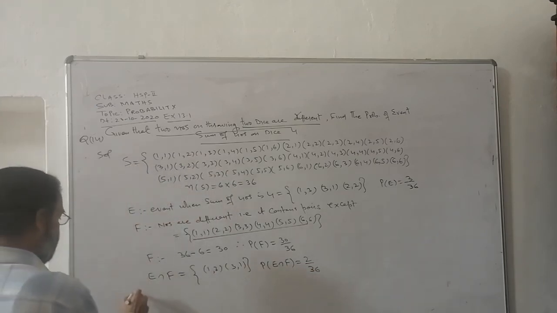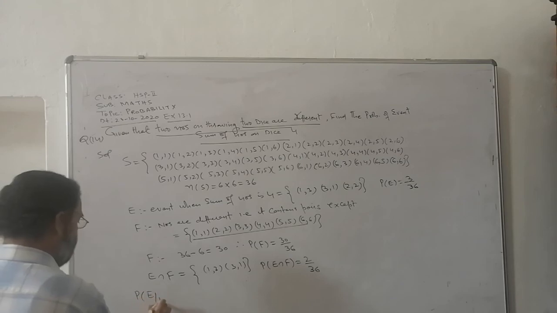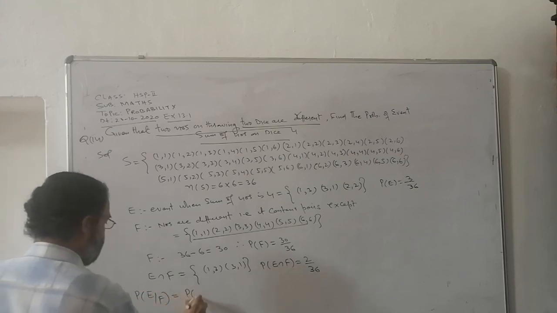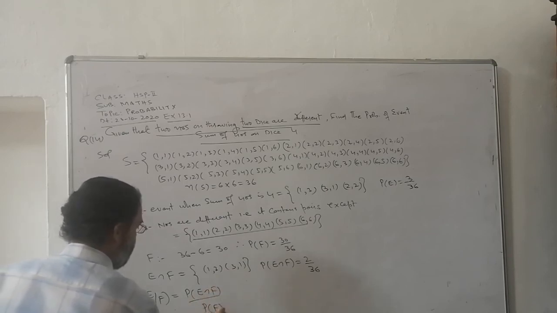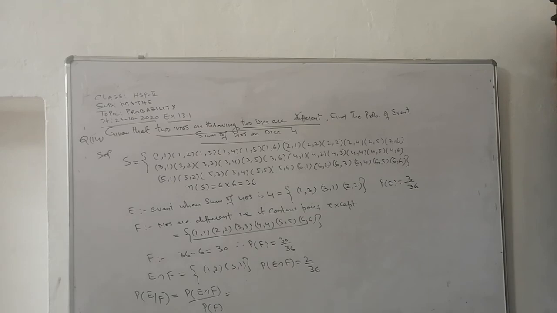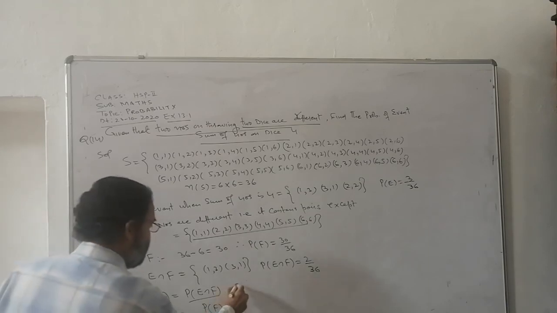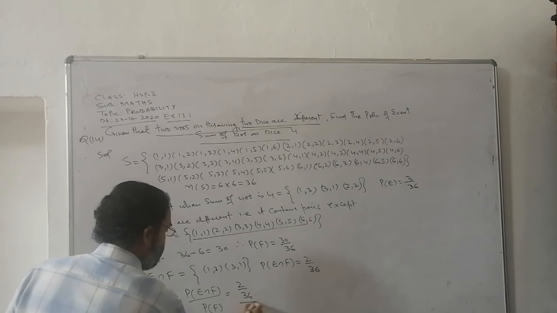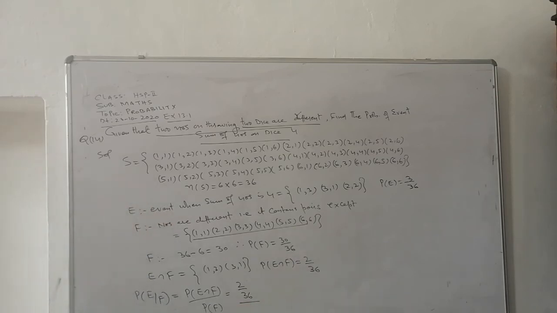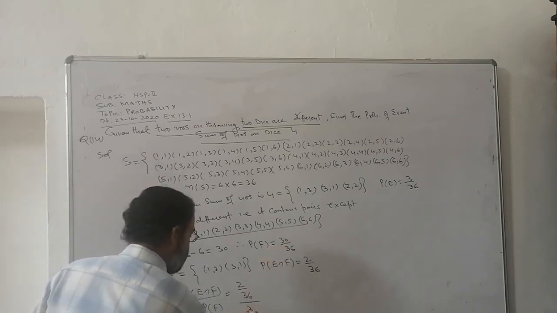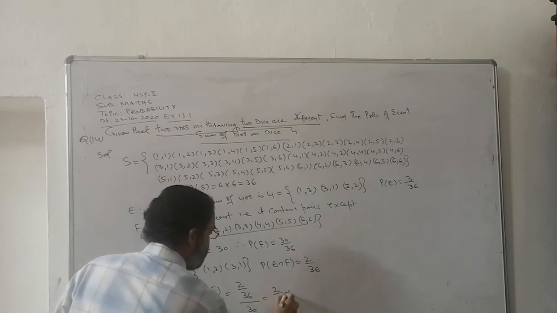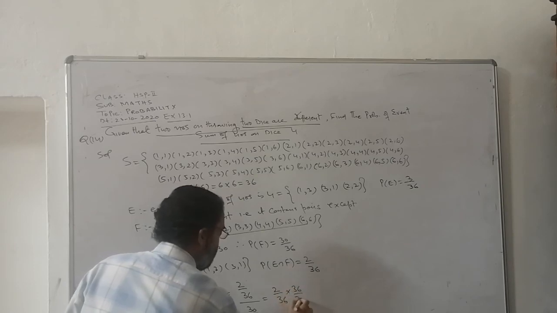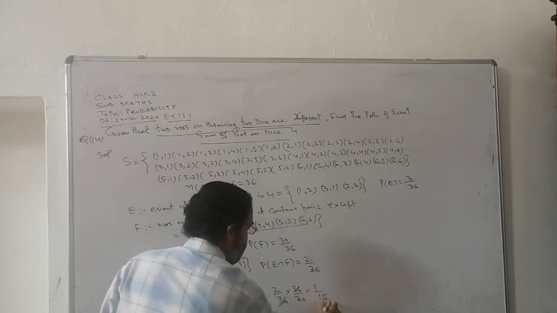So I can calculate the conditional probability of E given F. This will be the probability of E intersection F upon the probability of F. The probability of E intersection F is 2 upon 36, and the probability of F is 30 upon 36. So this will be 2 upon 36 into 36 upon 30, that is 1 upon 15.